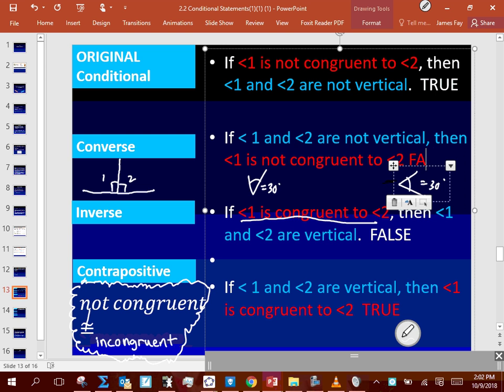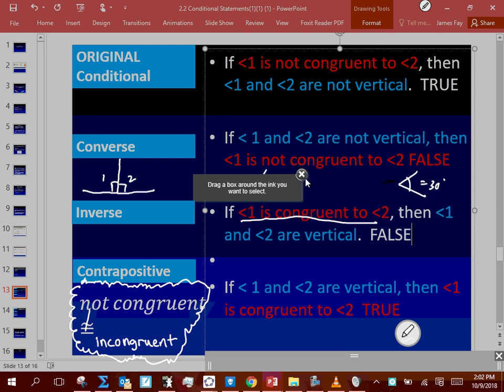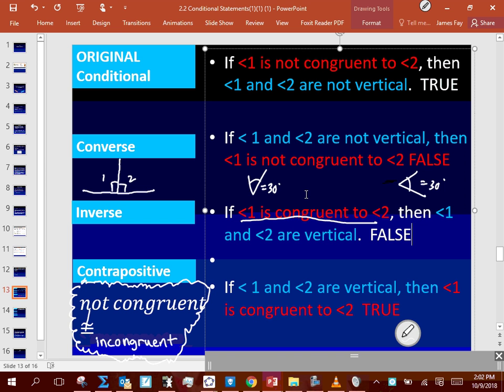Because these statements, guys, always come in pairs in regards to their truth values, you can have all 4 true or all 4 false. You have 2 true and 2 false, but you can never have 1 true and 3 false or 1 false and 3 true.